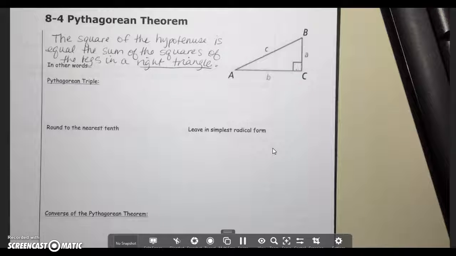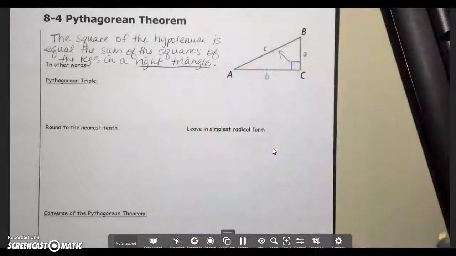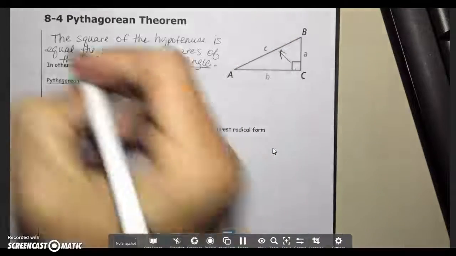How do you know which leg is the hypotenuse? Anybody? Michaela? It's always the longest side in a triangle. And in a right triangle, it is always directly across from the 90-degree angle. Always. Okay?